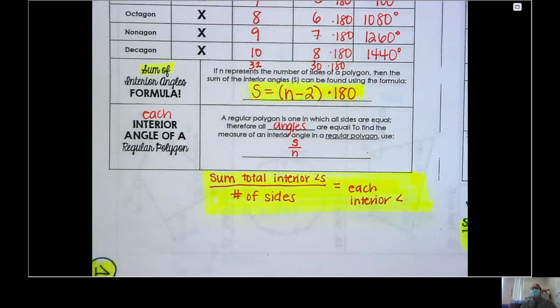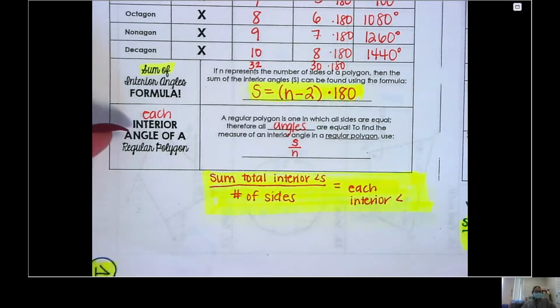Number of sides. Good. So to figure out the total degree measure, the sum of the total degrees inside of any polygon, we took the number of sides, we subtracted 2, and then we multiplied times 180 because that told me how many triangles were inside of each polygon.